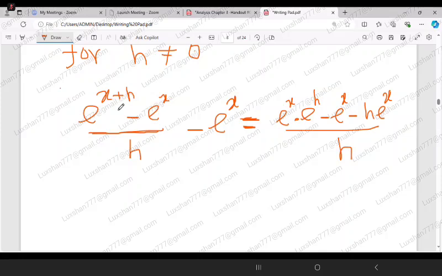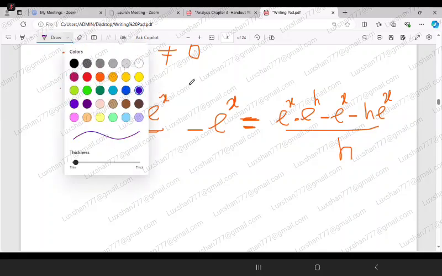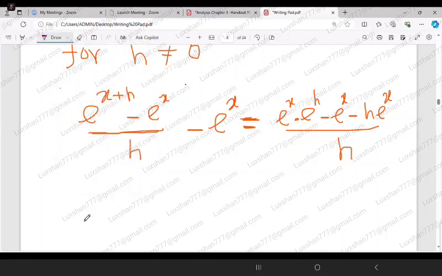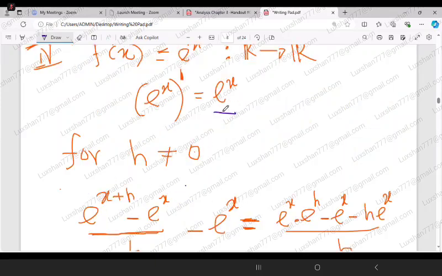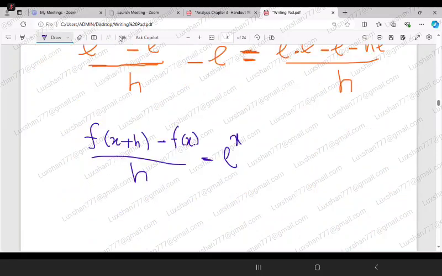So there may be some problem. That is why we are considering this one, and you can understand this is what we consider for our limit. This part is f of x plus h minus f of x over h, and here minus e to the power x, because the derivative is the same as e to the power x, no? That is why we are considering this one.